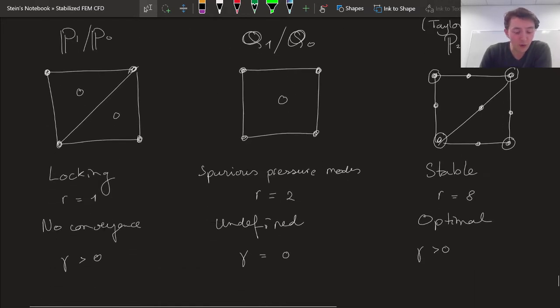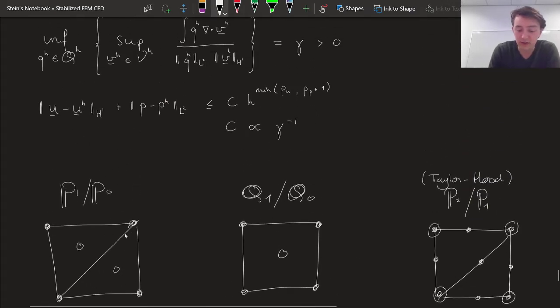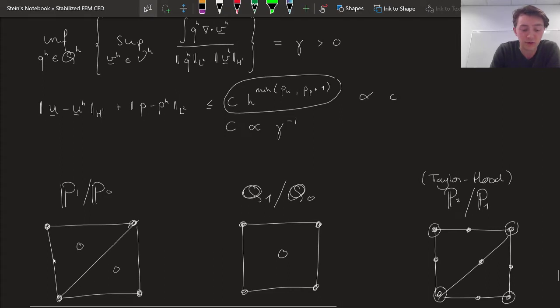If we have no convergence, then the only way that's going to happen is if this is proportional to a constant. If that is not going to decrease with h. Because if this statement here decreases with h, then we will always get some convergence of our error.